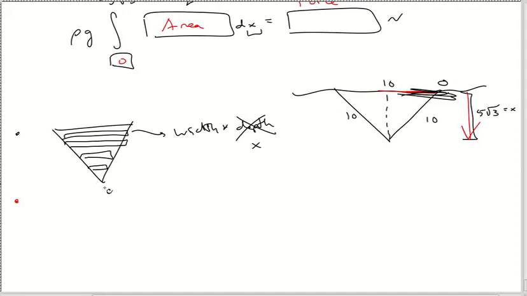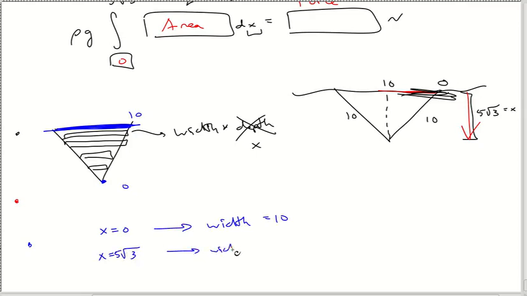So, okay, moving on. I want to find the widths of everything here. And so what's the width up here at the very top? Yes, you got it. It's 10. 10 width. What's the width at the very bottom? It's actually 0. And we have a linear progression here. At x equals 0, I have a width of 10. At x equals 5 square root of 3, we have a width of 0.